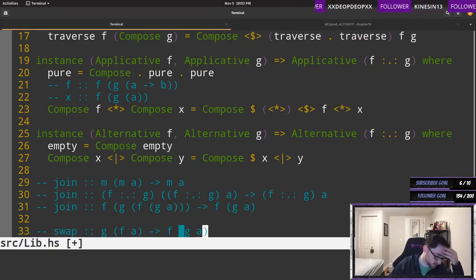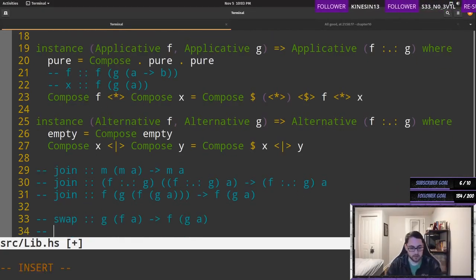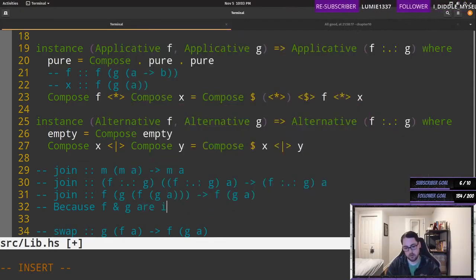Okay, so when such a function swap exists for two monads F and G, we say that there is a distributive law. Okay, so I should write some stuff here because F and G are interleaved.